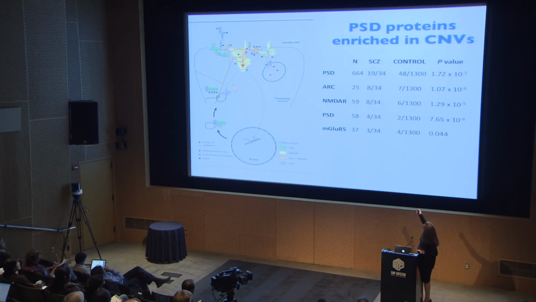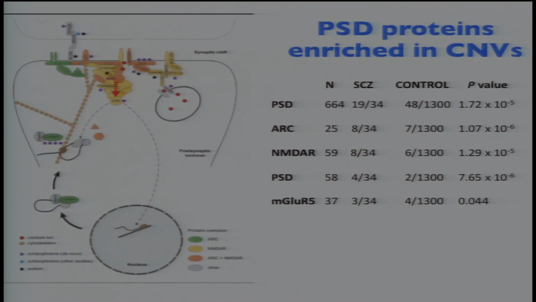This is a control set of 1,300 individuals from Iceland. We've done this with a number of controls because there are all kinds of statistical issues related to bias, and I feel very confident that these results do not result from any kind of systematic bias here.